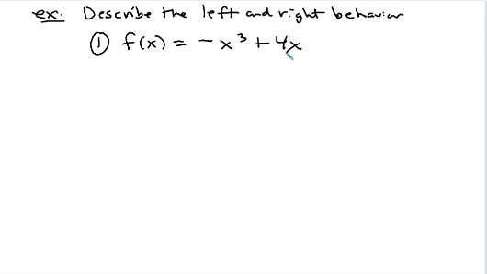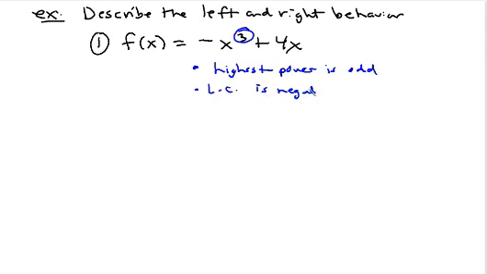Well, all we have to do is follow the rules. The highest power, and you can just say n if you want, is odd. The leading coefficient is negative. So in this case, it rises to the left and falls to the right.